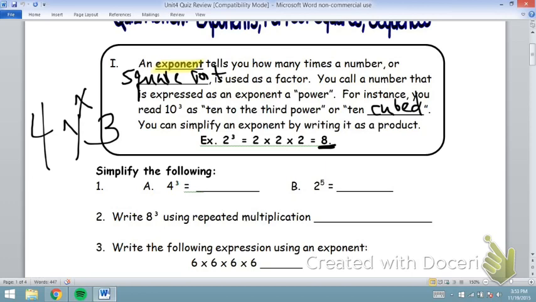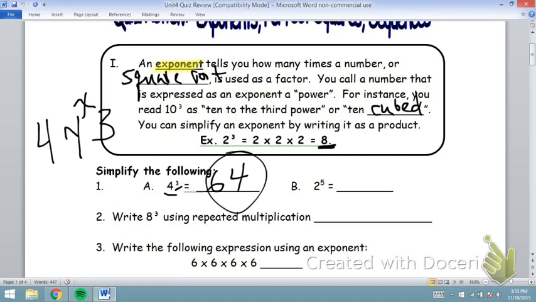And that will give you an answer of 64. Again, you would type in your base number, which is 4, push the exponent button, which is the yx button, and then your exponent, which is 3, and you get an answer of 64.